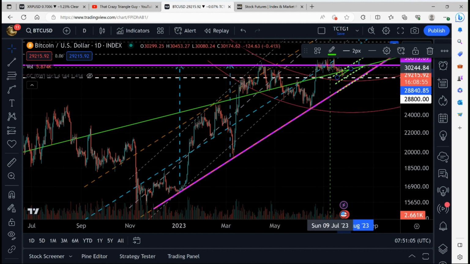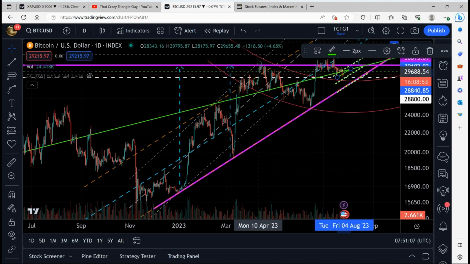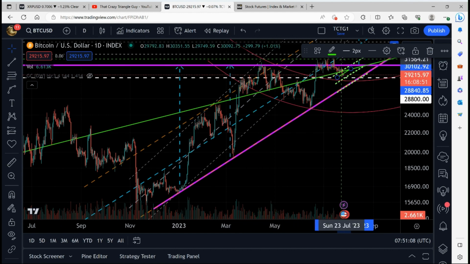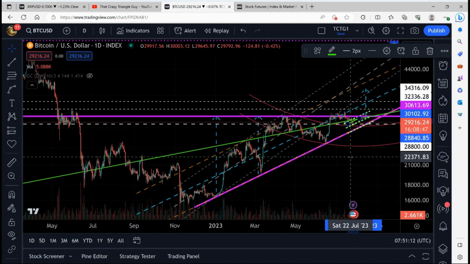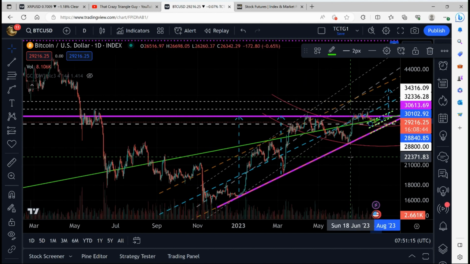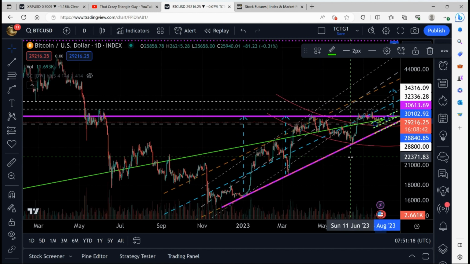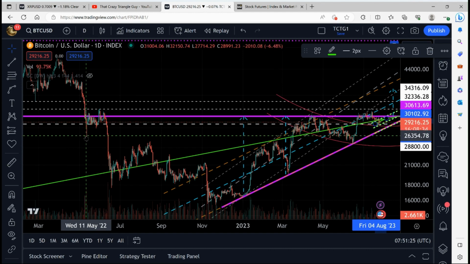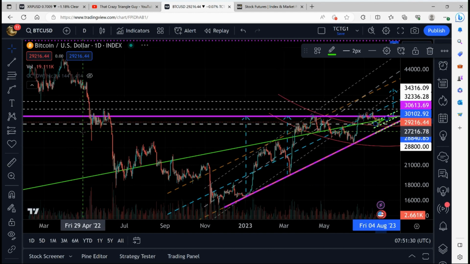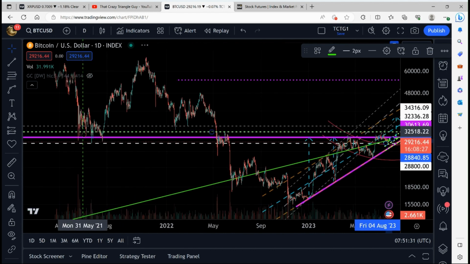Now, the top of the triangle isn't real solid, it just has a general range, and that is because we are not testing a specific point at the top of this triangle here. We're testing this whole range of previous support from back here.